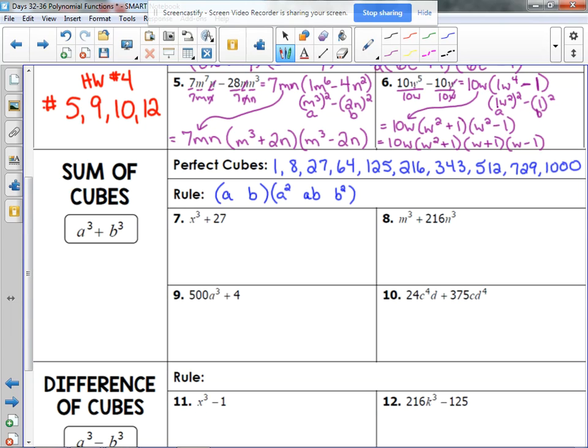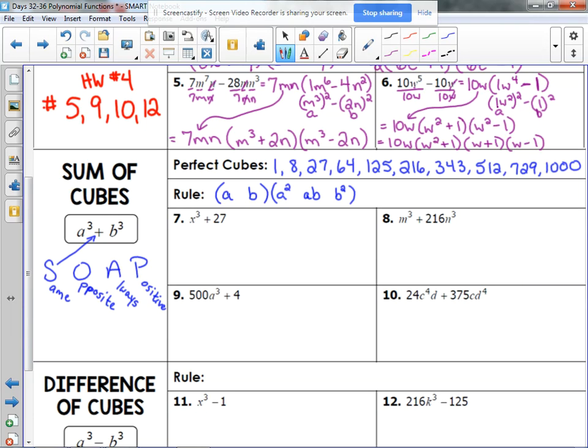There are pluses and minuses. I use the acronym SOAP: same, opposite, always positive. So what do I mean by same? Same is the same sign that was in the very original expression.